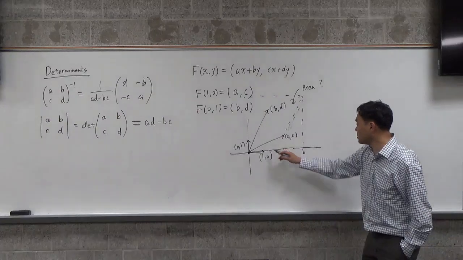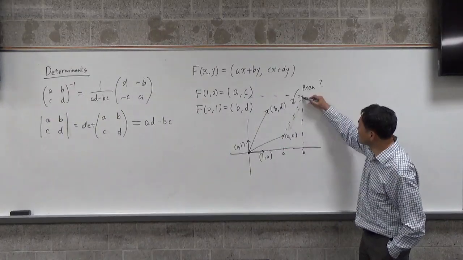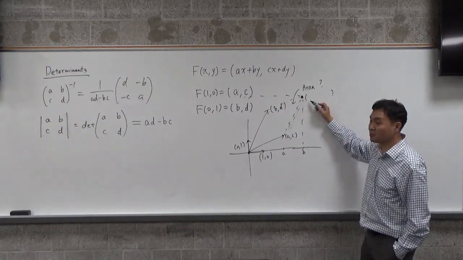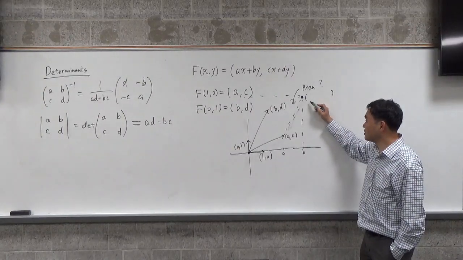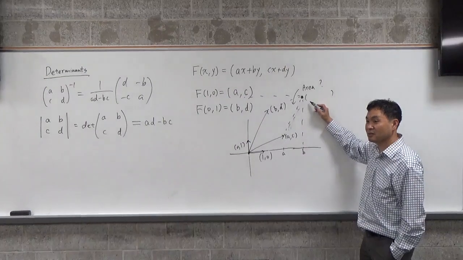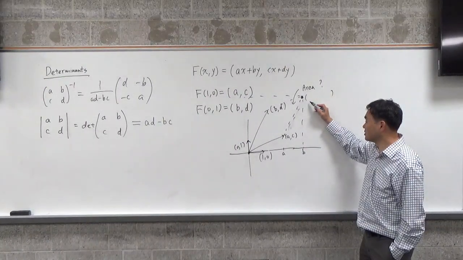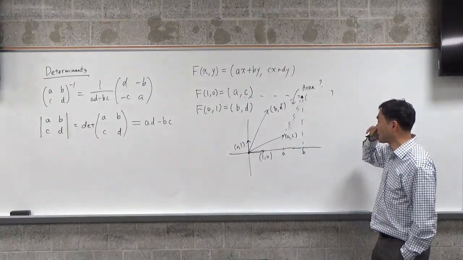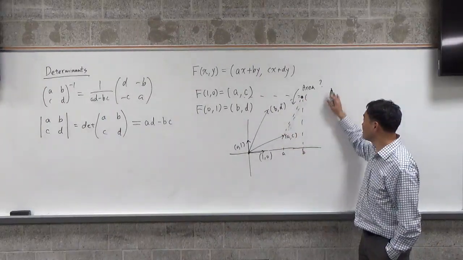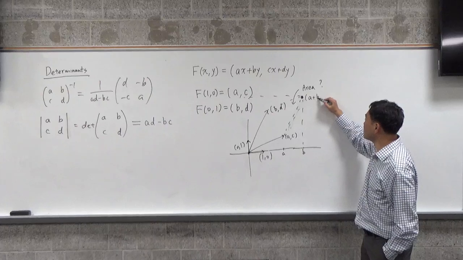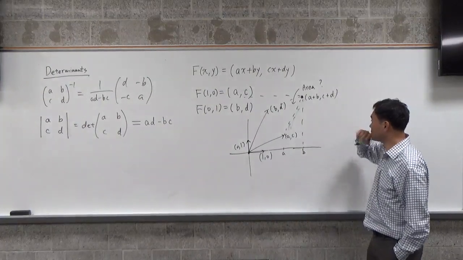That's not B. This is B. What's this point? It's vector addition, right? A plus B and C plus D.